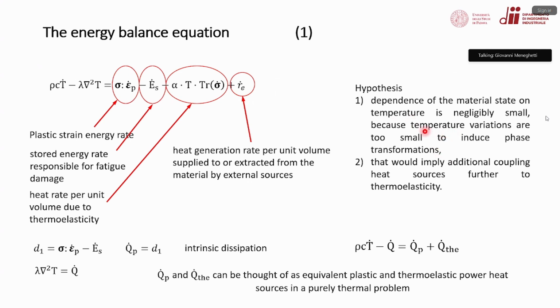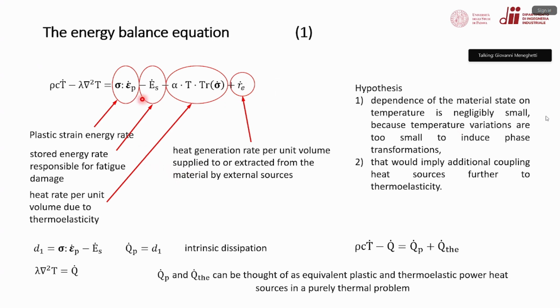So if we had also microstructure variation or phase transformations, we should include additional coupling heat sources. But this is not the case for this presentation. And also we neglect the contribution of any external heat source. So R.E is equal to 0 in this presentation.